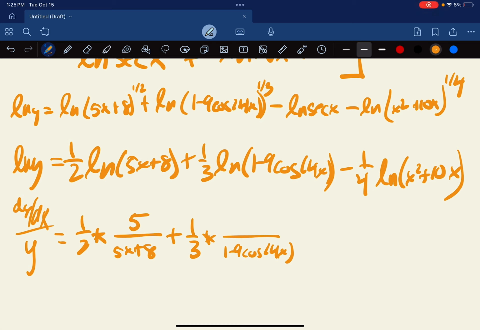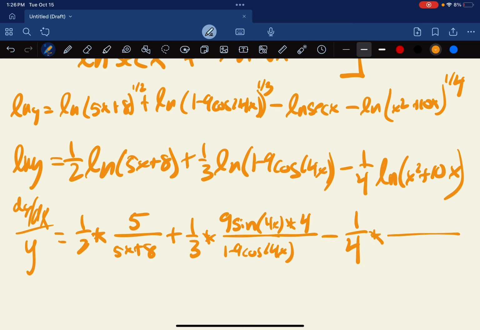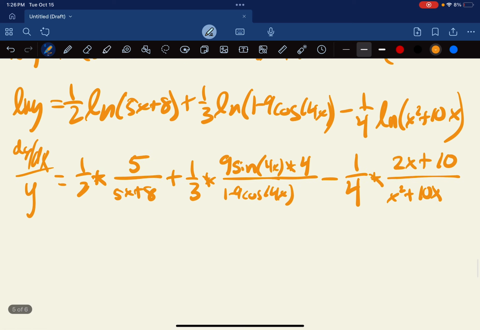The derivative of that is going to be a positive 9 sine of 4x times the derivative of the inside. The derivative of 4x is 4. And again, if you feel uncomfortable with that, just break it down into a chain rule problem. That's the answer you'll get. Minus 1/4 times that x squared plus 10x goes down in the denominator. Derivative of that is 2x plus 10.